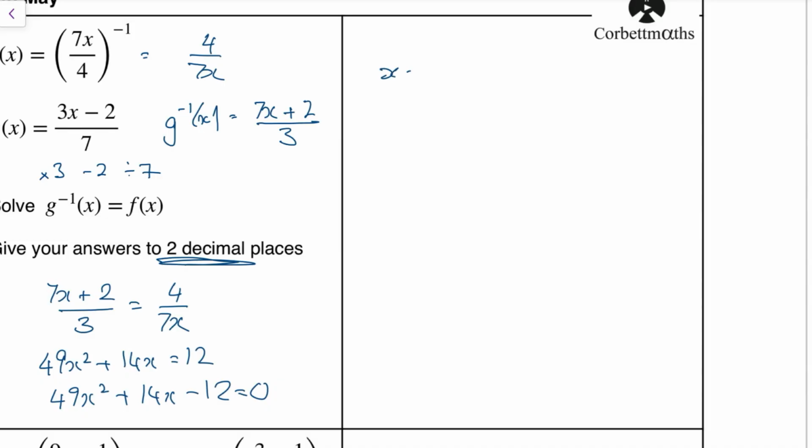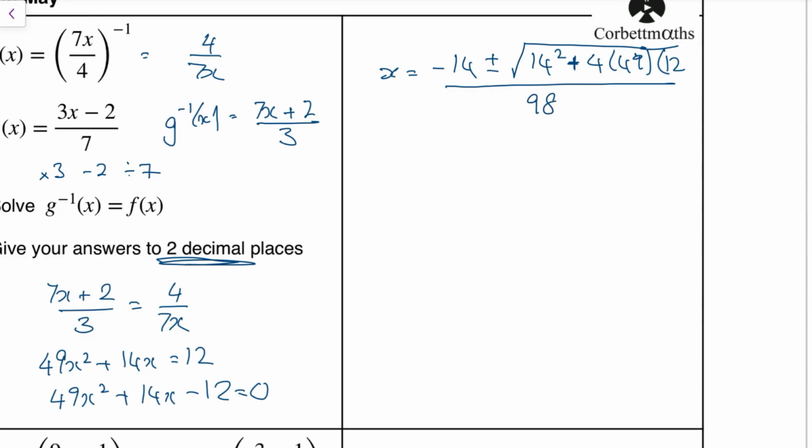So therefore x is going to be minus b, so minus 14, plus minus the square root of 14 squared, minus 4 times 49 times minus 12. So I'm going to put this minus here to make that a plus, so plus 12. And all of that is divided by 2 times 49, which is 98. Wow, not a nice thing at all.